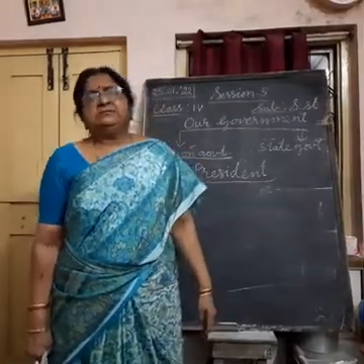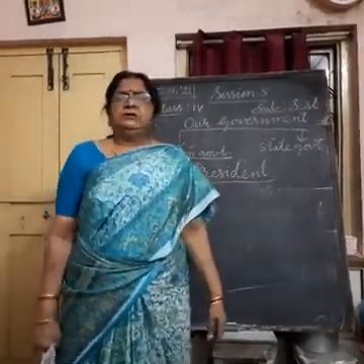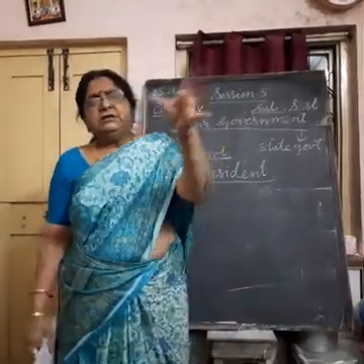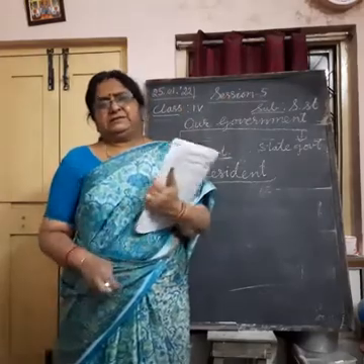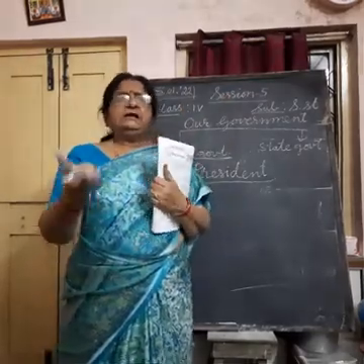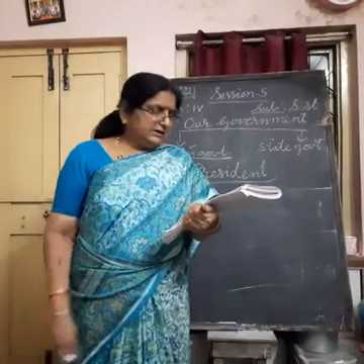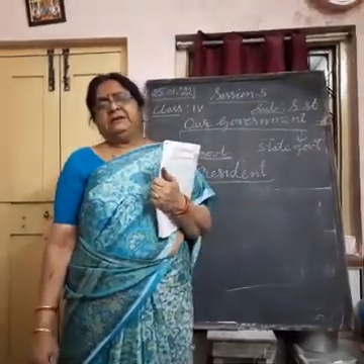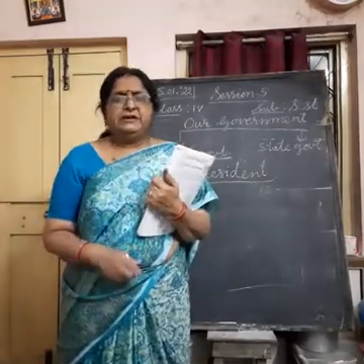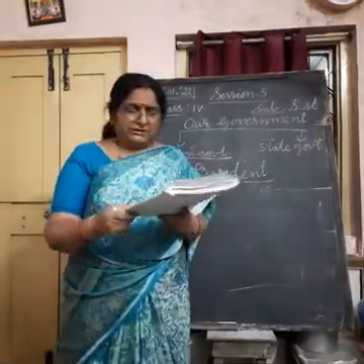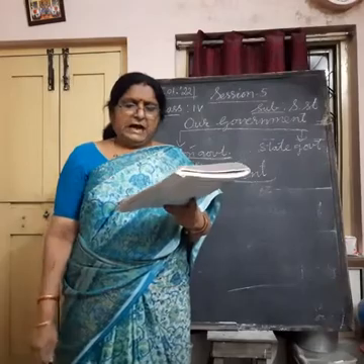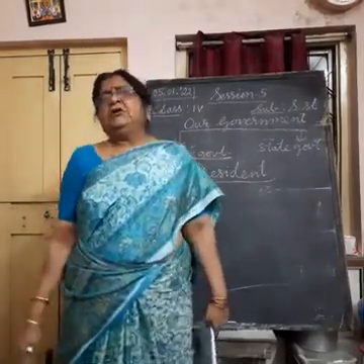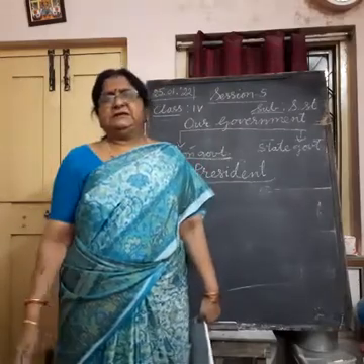Whichever party gets the most votes, the president invites the leader from that party to be the Prime Minister of the country. Other ministers are appointed by the President on the advice of the Prime Minister.